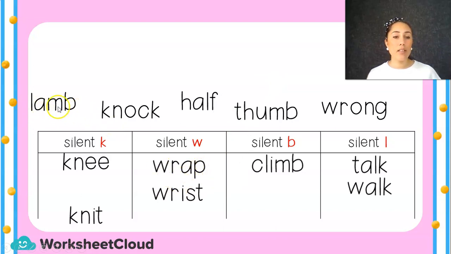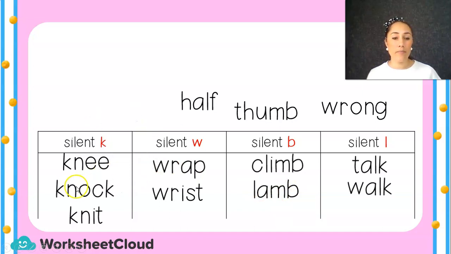Lamb. Yes, we don't say the B. So let's move him into that block. Knock. Silent K. Half. Yes, silent L. Who can remember what word rhymed with half? We had calf, yes.